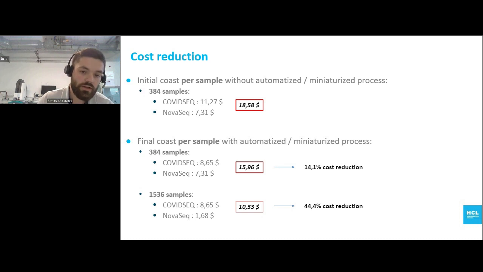When we automated and miniaturized that process, the price per sample decreased to between $15 and $16, which represents a 14% cost reduction.